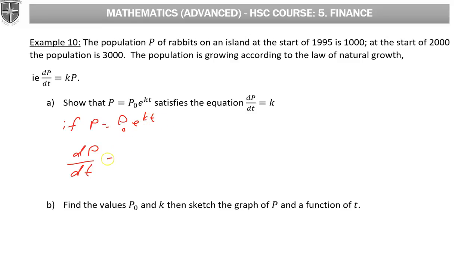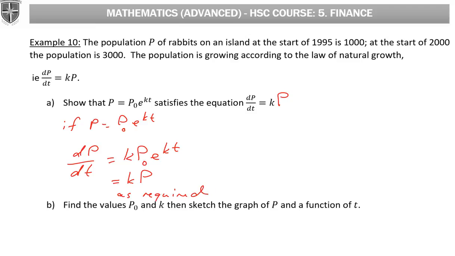I get k times P0 e to the kt, which is equal to kP. Oh, this is supposed to be a kP here. It's another typo. Equals kP as required. Okay, here we go. We've shown that dP by dt equals kP.